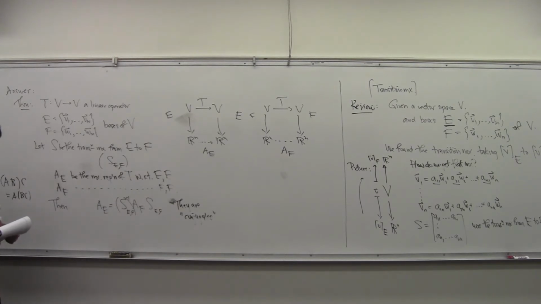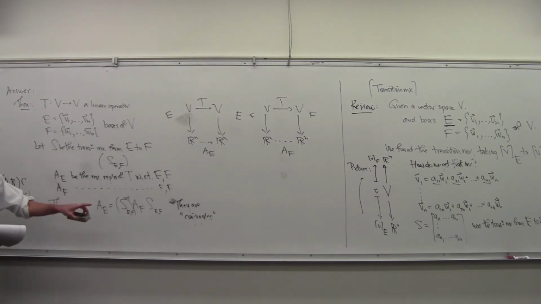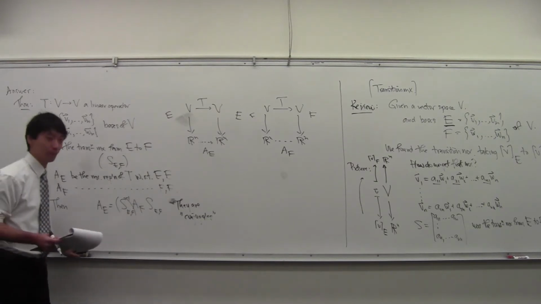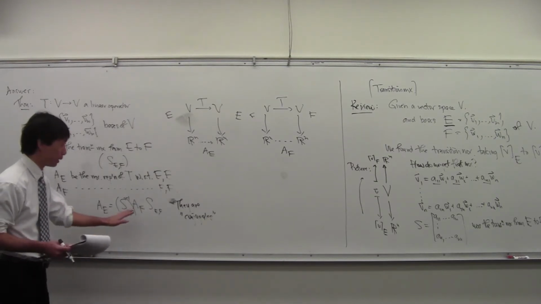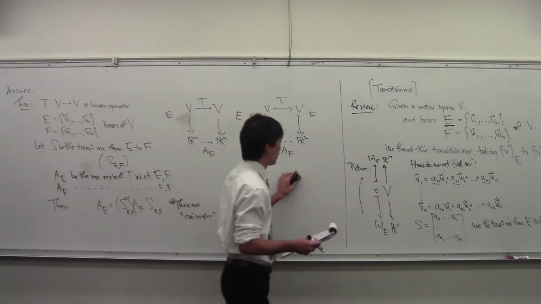Oh, wait, never mind. Yes, matrices don't commute. That's the one we don't have. Because I was going to say it would be the identity matrix, but that doesn't apply. Okay.